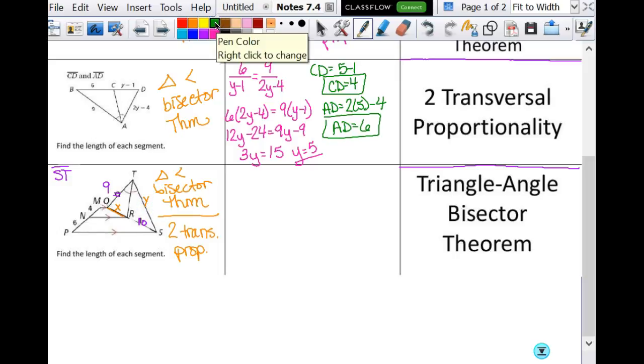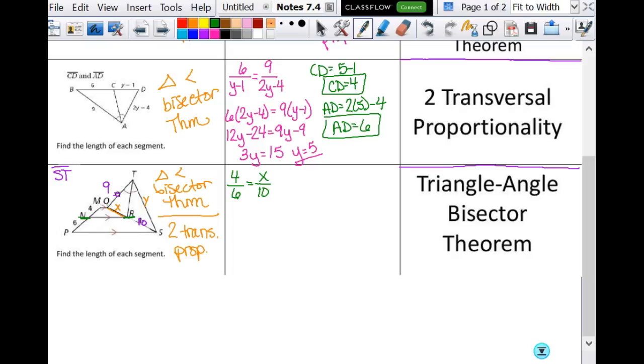All right, so now I'm going to start with this. The two transversal proportionality theorem says I've got these two transversals, these three parallel lines. So that means that these get cut proportionally. And again, basically my fractions are set up. So that means I'm going to get 4 over 6 equals x over 10.